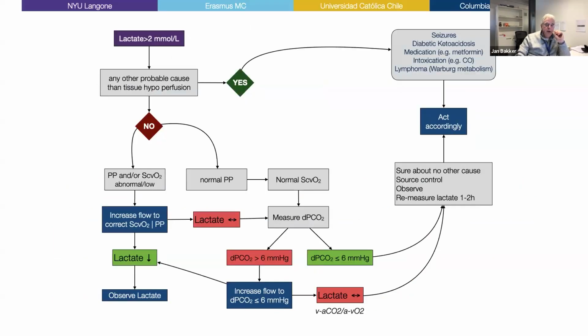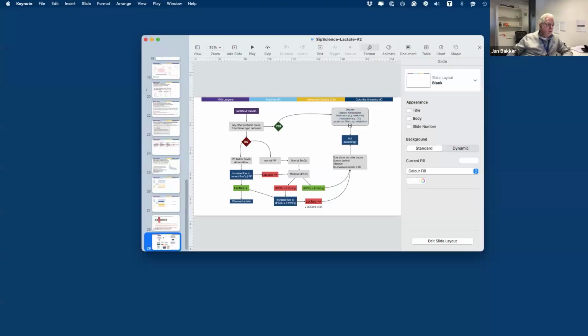And read our paper on the 10 pitfalls of lactate, where we made a nice flow chart that will help you to use lactate and to manipulate oxygen delivery, tissue perfusion, in cases where lactate seems to be more related to perfusion than to metabolism. Thank you very much.